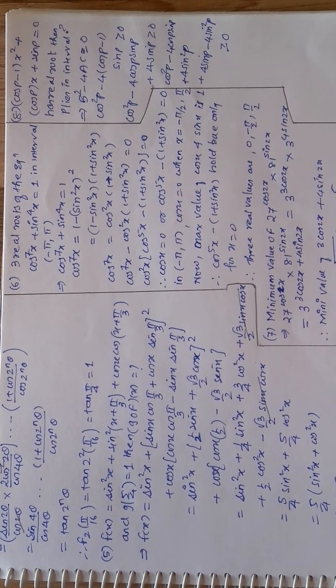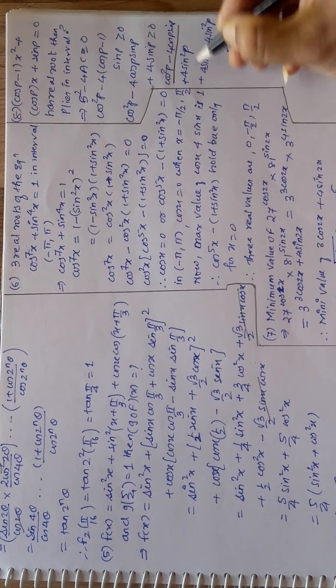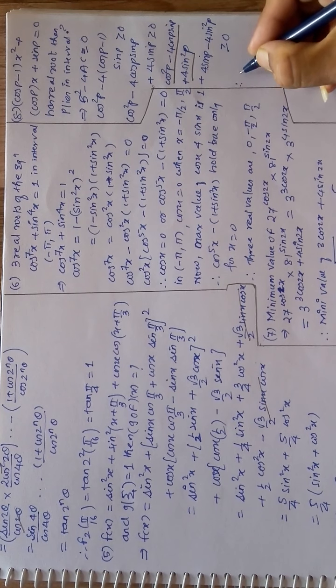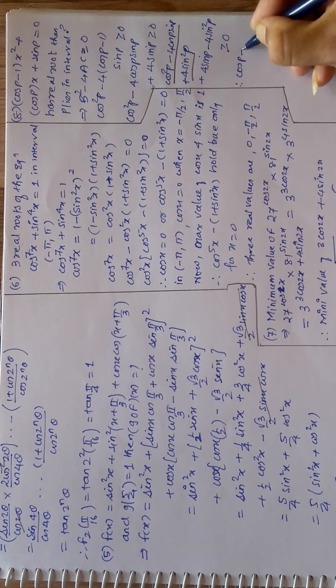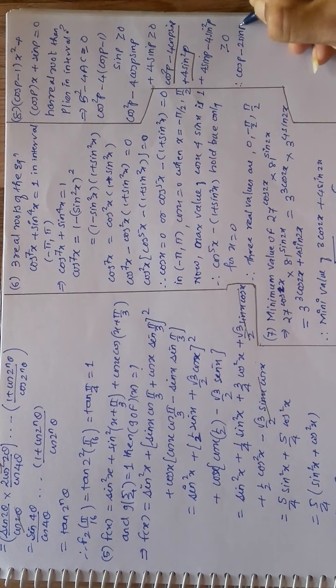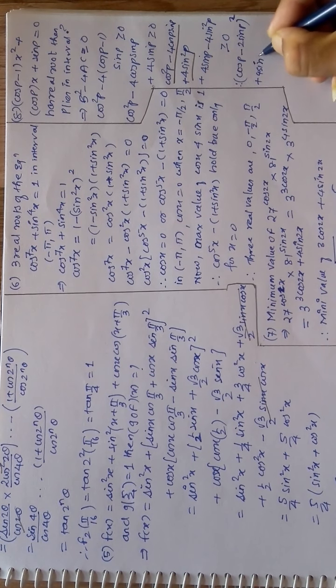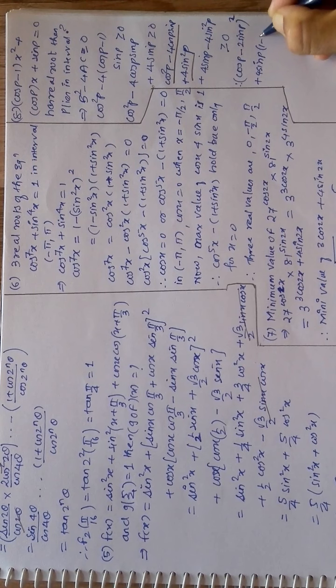Maybe it is slightly difficult for you to understand because I am writing step below step. But this particular part has now become a whole square. So this becomes cos p minus 2 sin p, the whole square. This is a whole square. And here I remain with 4 sin p into bracket 1 minus sin p, which is greater than equal to 0.